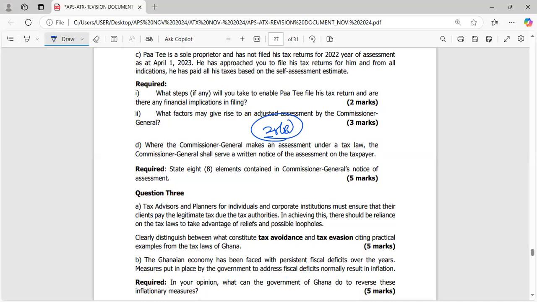The name of the taxpayer, the taxpayer's identification number, the type of tax, the amount of tax payable, the deadline, the time for payment and where to pay, and the objection procedures: if you want to object, how to object to the decision. All those things will be in the notice of assessment.